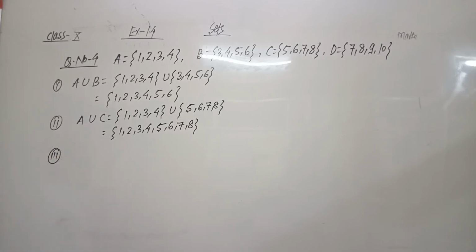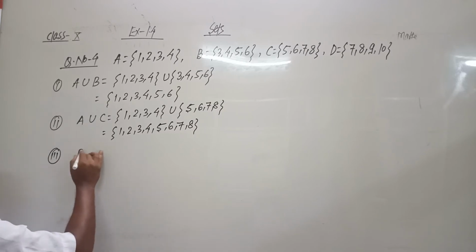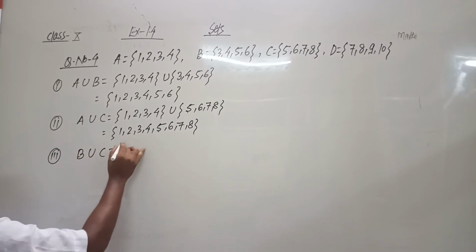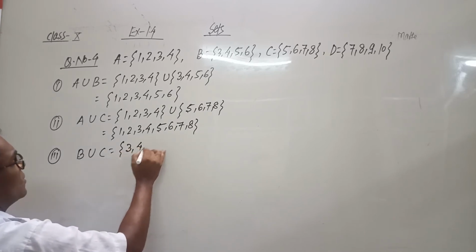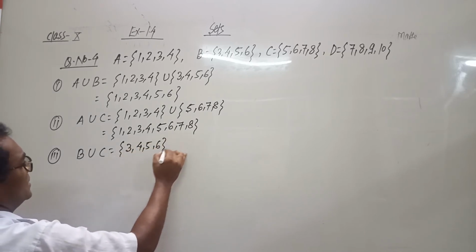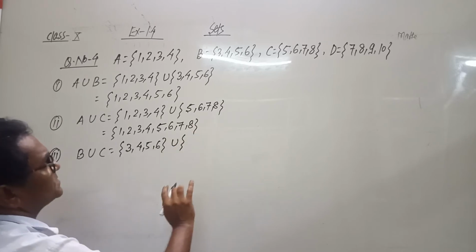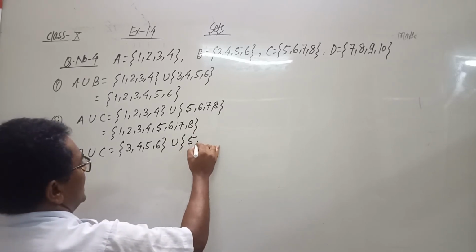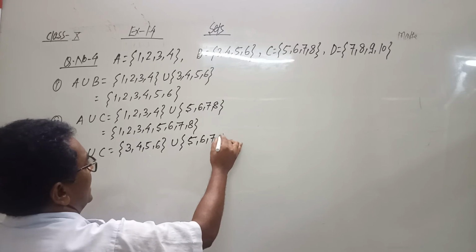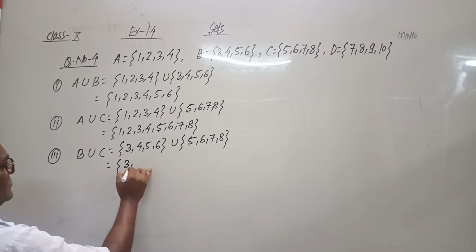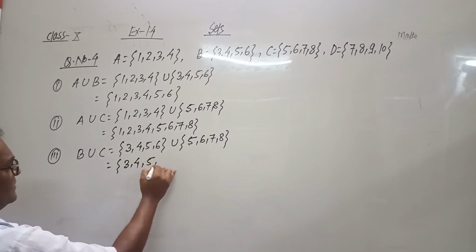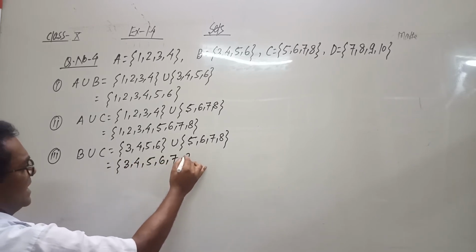The third part is B union C. The elements of set B {3, 4, 5, 6}, union the elements of set C {5, 6, 7, 8}. Combine both the sets, so we get {3, 4, 5, 6, 7, 8}.